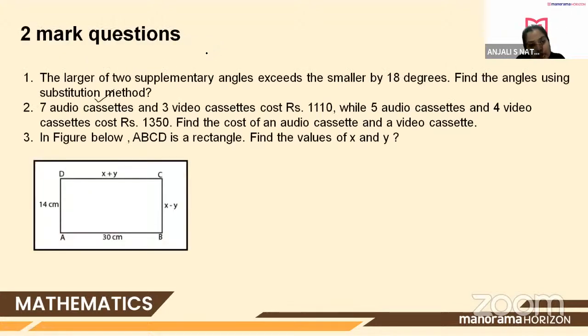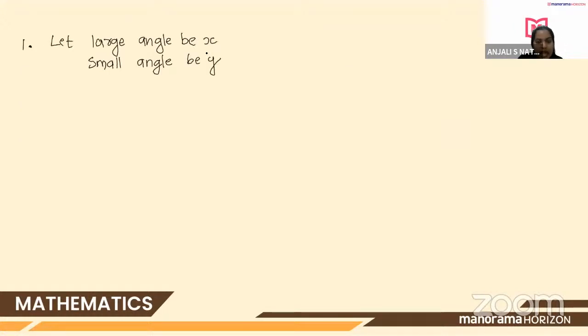The larger of two supplementary angles exceeds the smaller by 18 degrees. That is the first condition. That is, the larger angle exceeds the smaller by 18 degrees, that is, the difference of these two angles is 18. So that is the first equation.